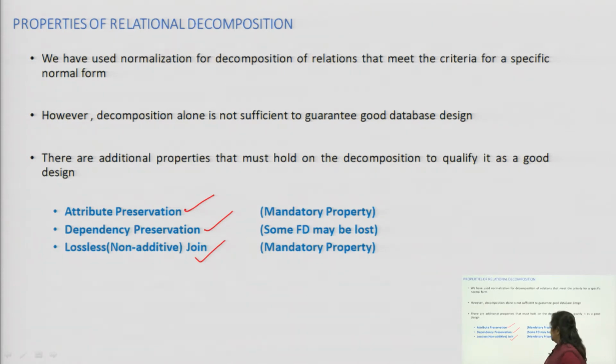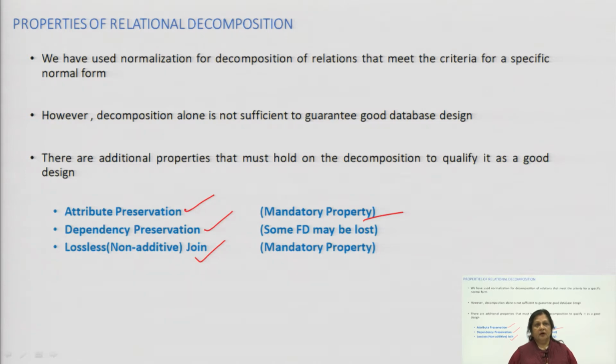Also, here I have mentioned that the attribute preservation property is a mandatory property. The dependency preservation property is not a mandatory property, and again the lossless join property is a mandatory property.